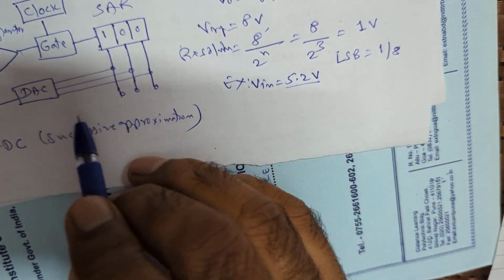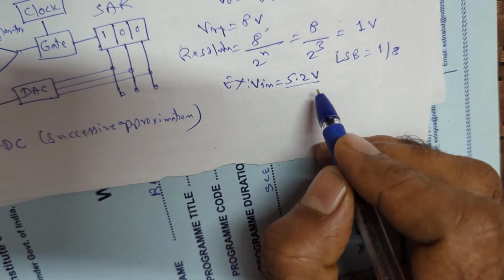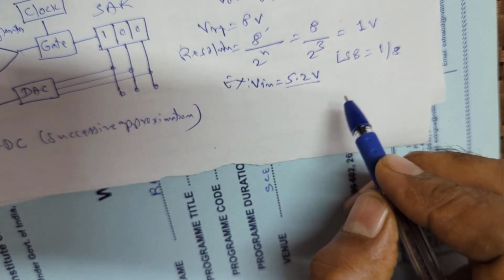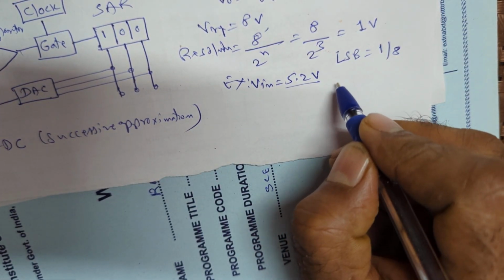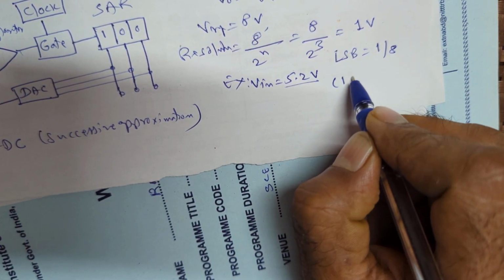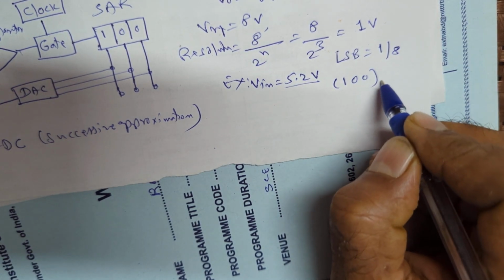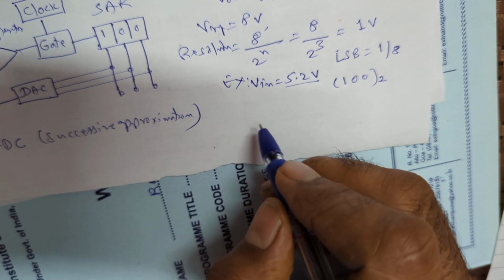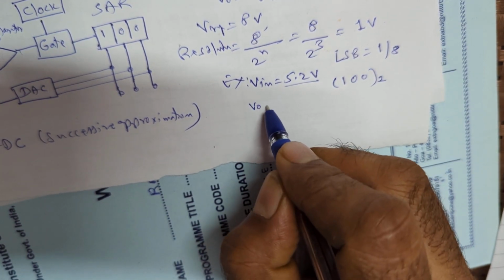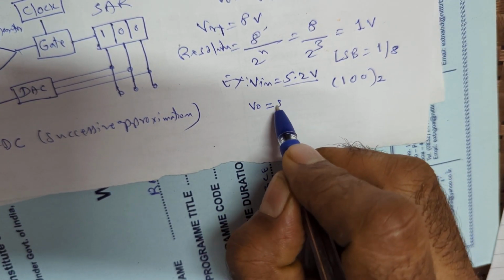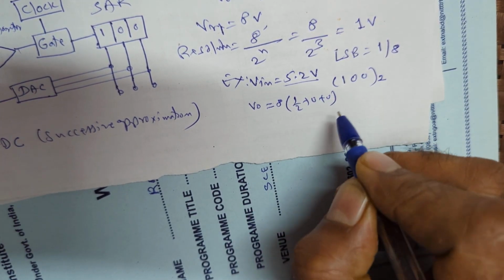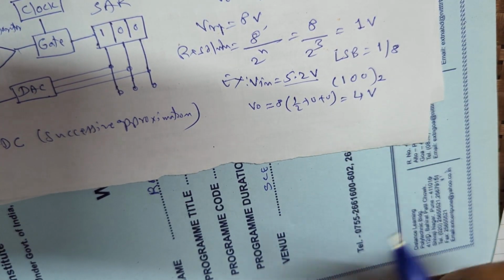In the successive approximation method, the most significant bit is made 1 first. That means the binary signal is 1 0 0. The output voltage we get is 8 into 1/2 plus 0 plus 0, that means 4 volt.